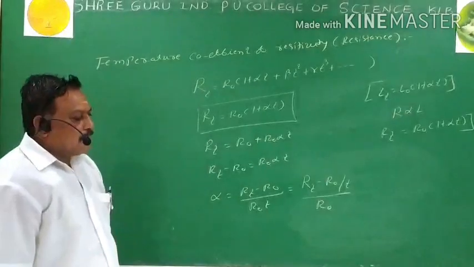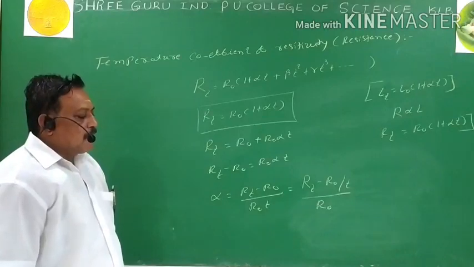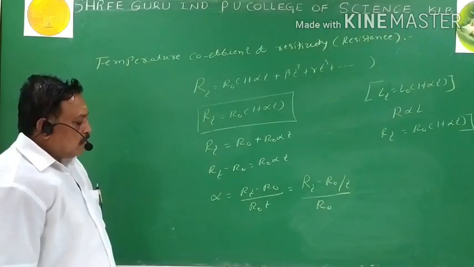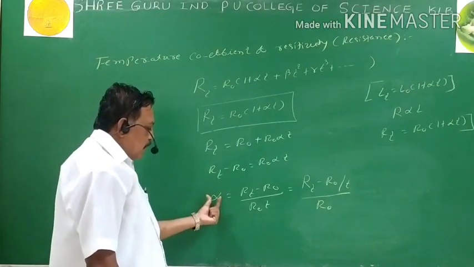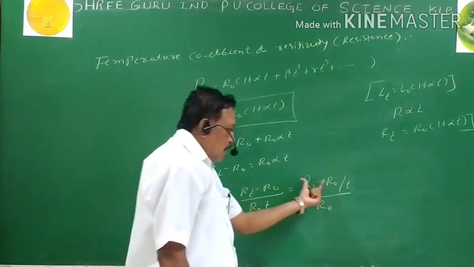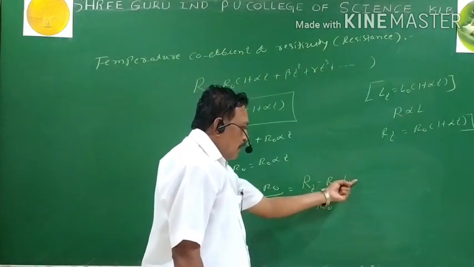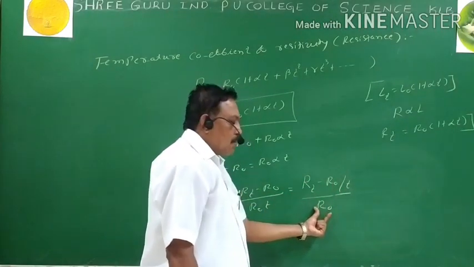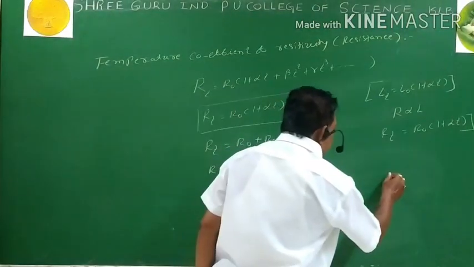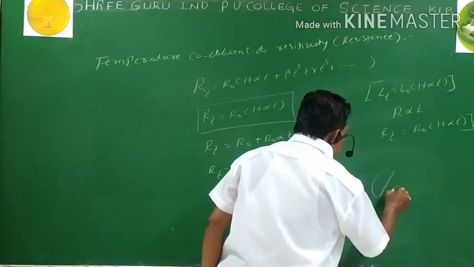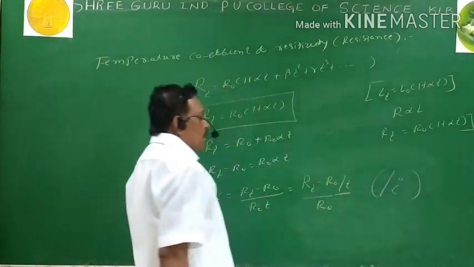That 0 degrees centigrade resistance is nothing but the reference resistance at low temperature. Its SI unit is per degree centigrade.